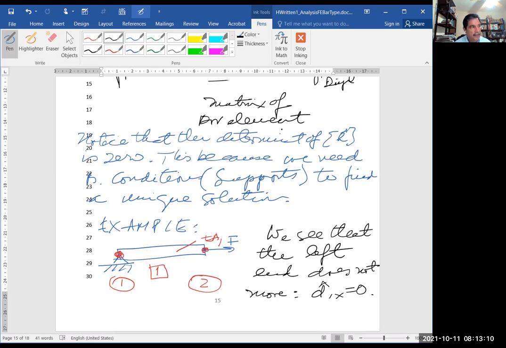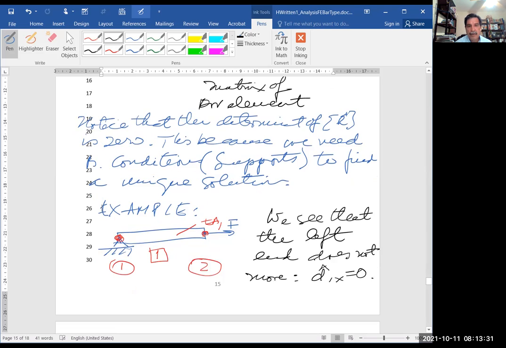Now, the other boundary condition could be either geometric or natural. In this case, we know the force which is being applied on the right end, right? So we know that the force is F. But at least we know that 1 point doesn't move. So let's do the second boundary condition.